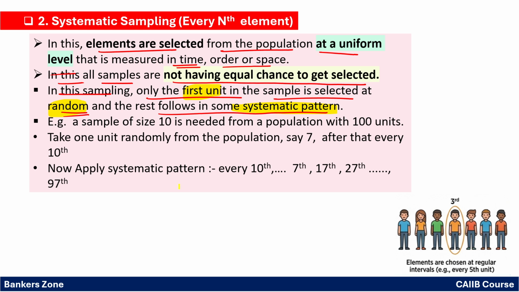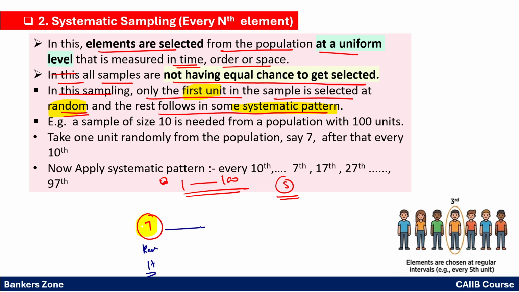For example, say we have the numbers from 1 to 100 and we have to do the sampling out of them. First we select any number, say 7, randomly, because it is the first element.